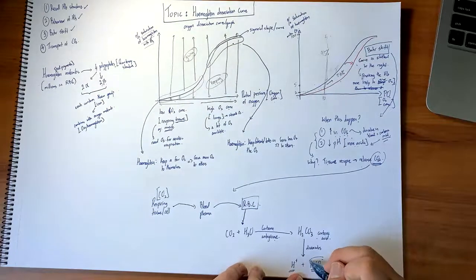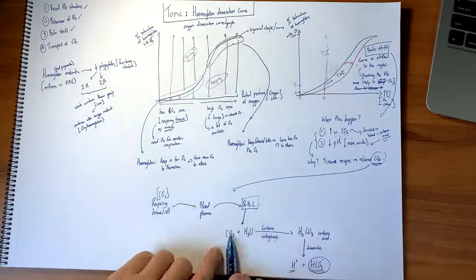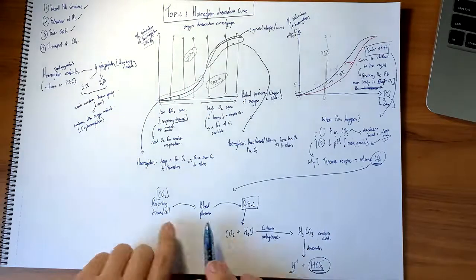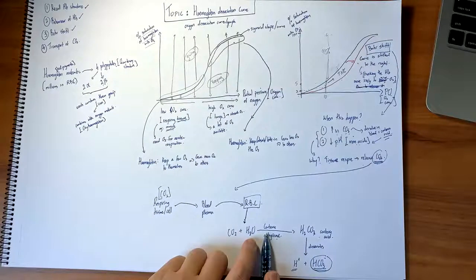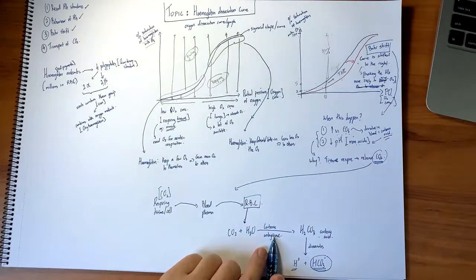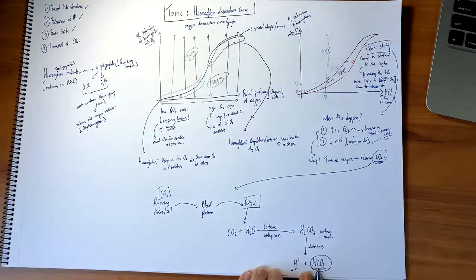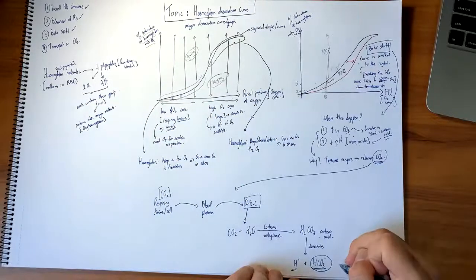So if we see this CO2, they go into your red blood cell, combine with water with the help of carbonic anhydrase, they become carbonic acid, and they will then dissociate to become hydrogen carbonate.